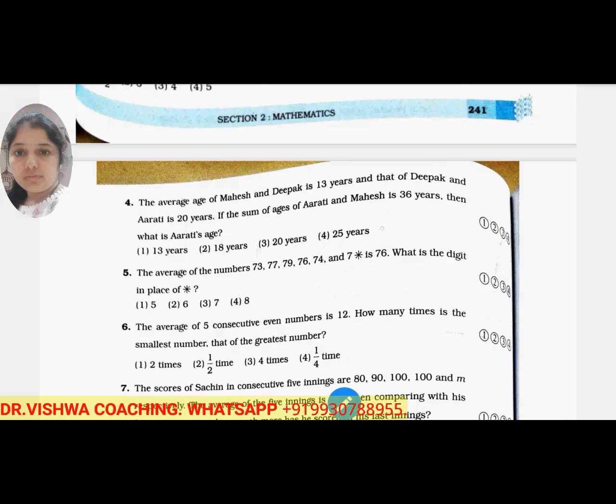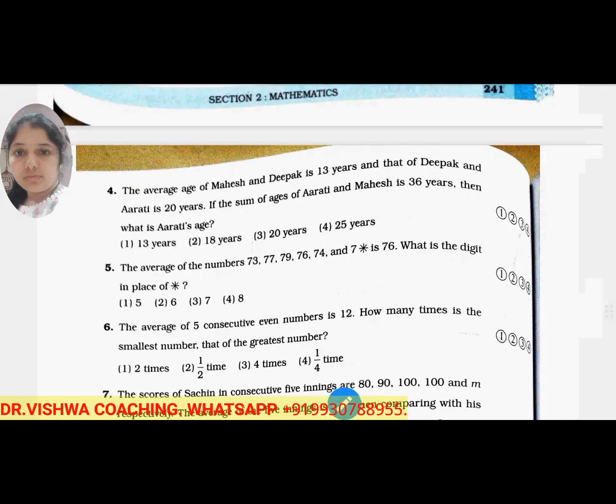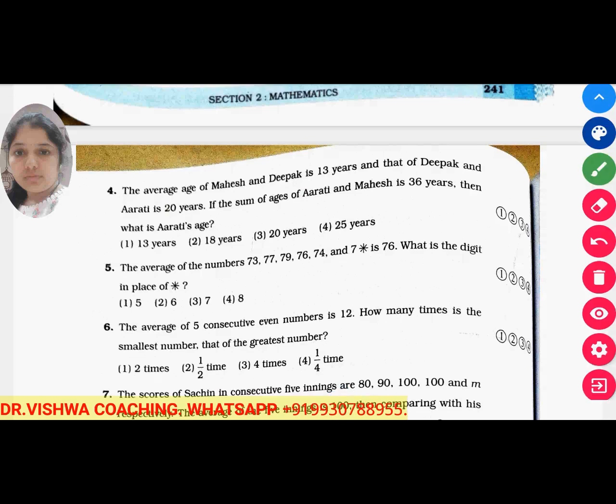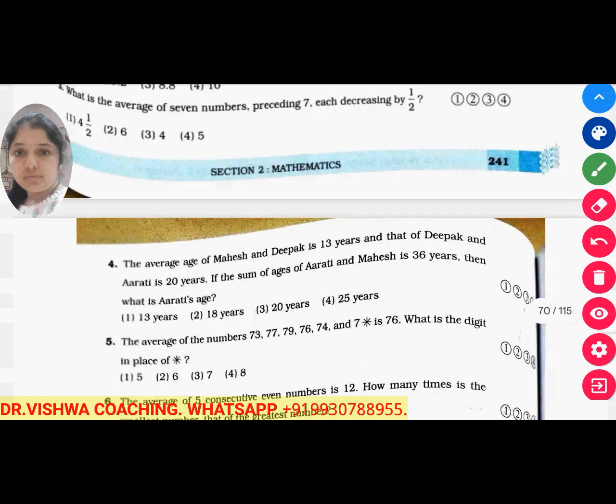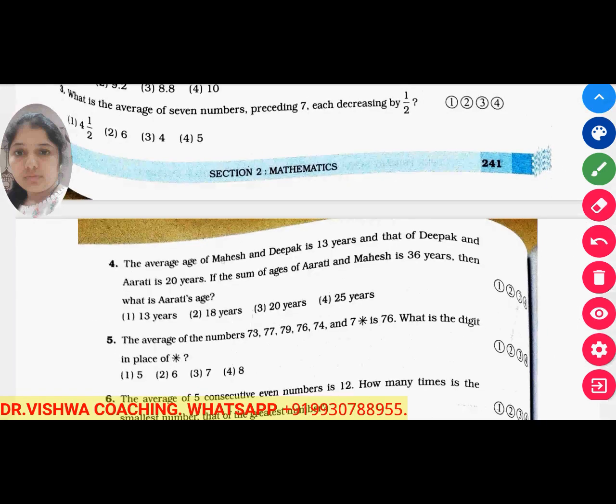Now just give these three names as variables M, D and A, and you just find the total age of Mahesh and Deepak, then total age of Deepak and Aarti. Now Mahesh and Deepak's total age is 26 years, M plus D, then D plus A is equal to 40 years.